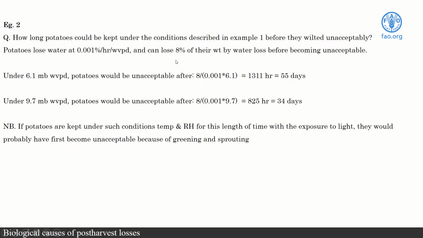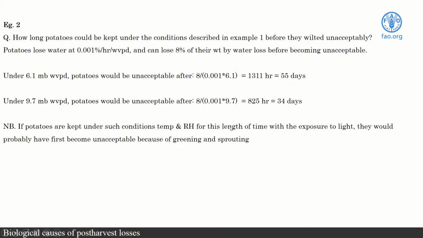We said 7 to 10, so we use 8% average of their weight by water loss before becoming unacceptable. Under 6.1 millibar of water vapor pressure deficit, potatoes would be acceptable after 55 days. And under 9.7 millibar, potatoes would be unacceptable after 34 days.